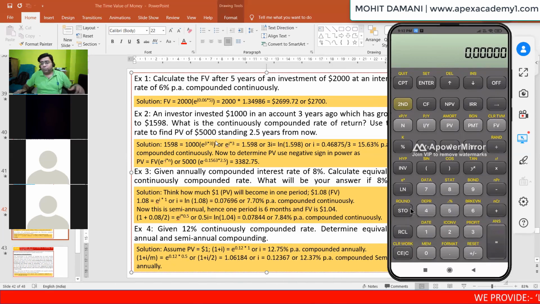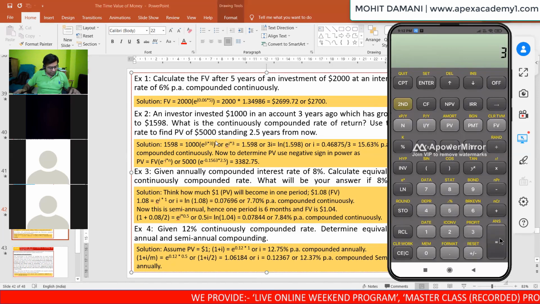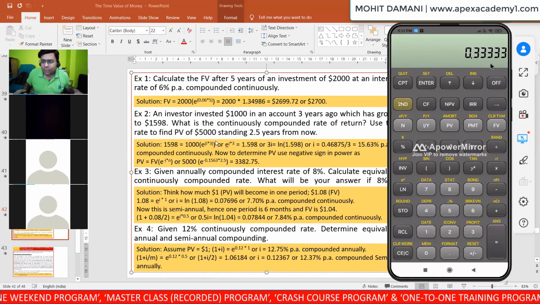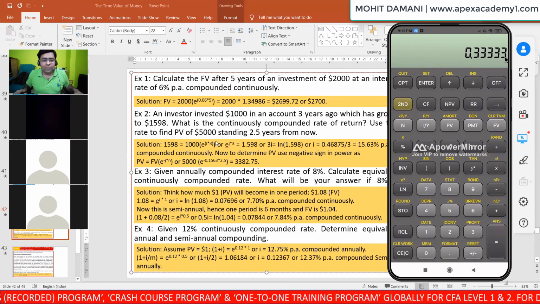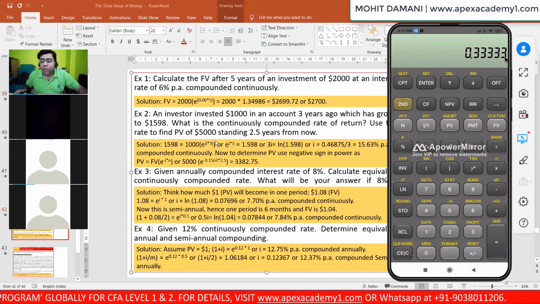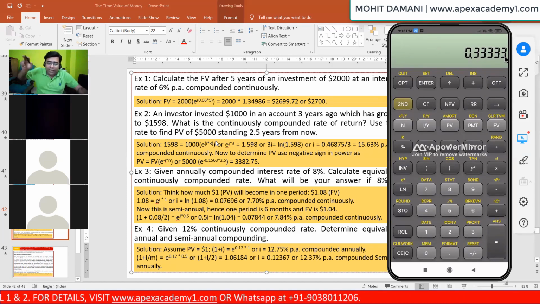Round function I was supposed to tell you. Suppose I do 1 divided by 3 equals. Although on my calculator screen, as I told, it is showing 0.333 up to whatever your decimal places are, when you do any calculation, the calculator will take all the digits till infinity.